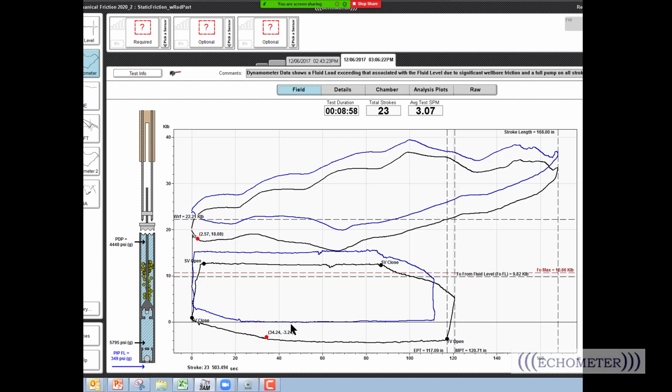All right, notice here that this pump card sits on 0. That's because it's acquired with the PRT. And notice that the PRT loads are higher by about, looks like almost 4,000 pounds. So this distance from here, that's about 4,000 pounds.